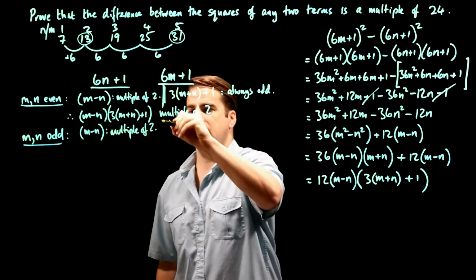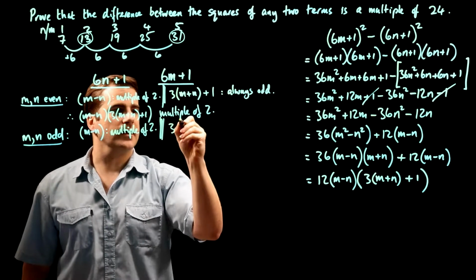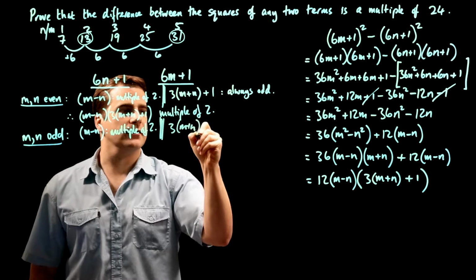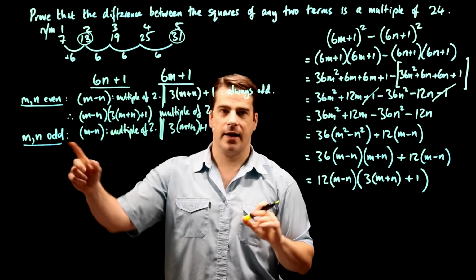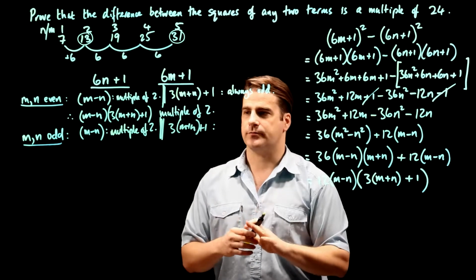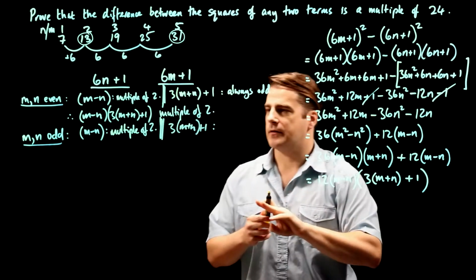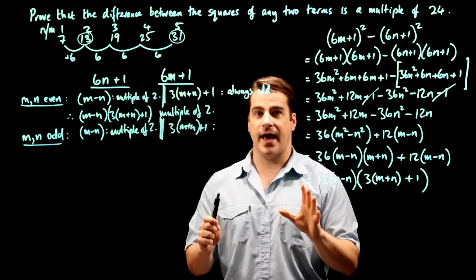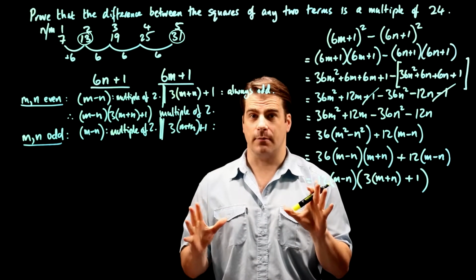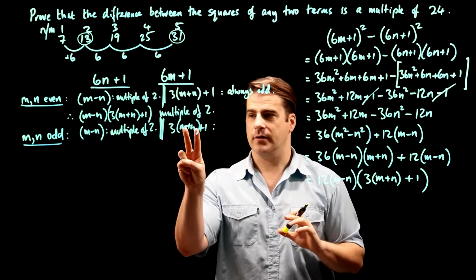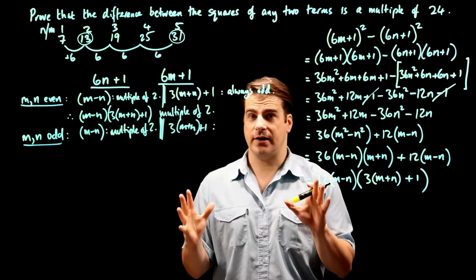Good start. Right, the other bit: 3m plus n plus 1, when m and n are both odd. Sorry, it's a bit sloppy. m plus n: if you add two odd numbers together, you always get an even number. Multiply an even number by 3, you still have an even number.